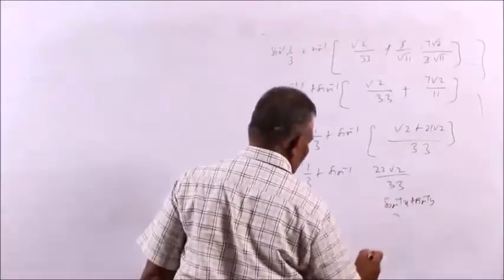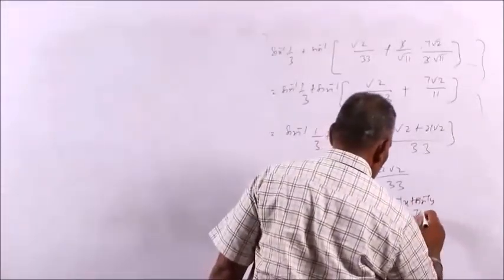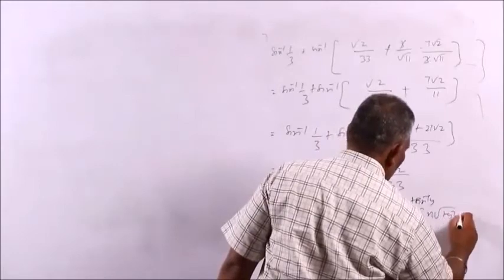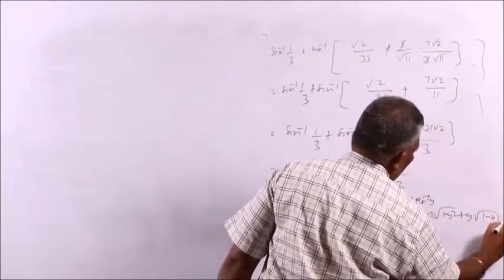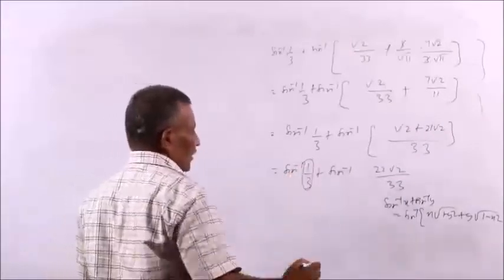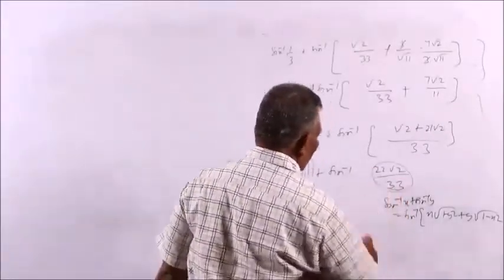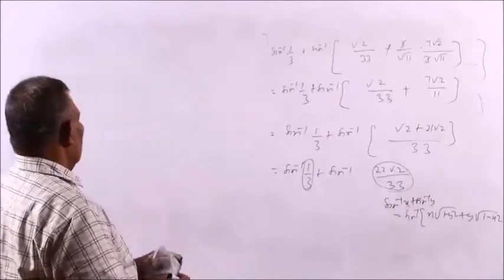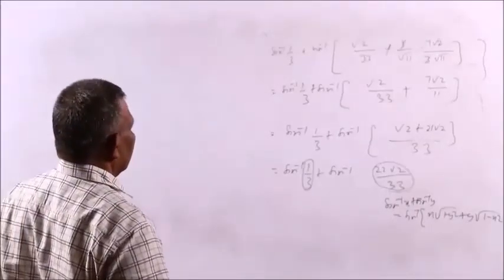You can apply the formula sin inverse x plus sin inverse y equals to sin inverse x into root over of 1 minus y square plus y into root over of 1 minus x square. In place of x, we will take 1 by 3, and in place of y, 22 root 2 by 33.